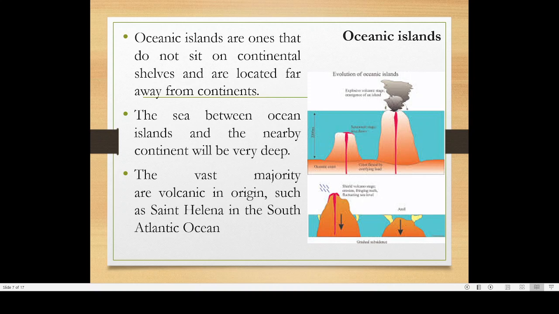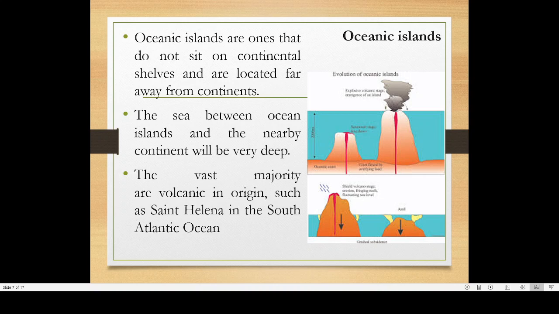And most of the oceanic islands are volcanic in origin. When I was discussing plate tectonics and the origin of continents, I showed how plates are diverging from each other. When two plates are moving slightly away from each other, there will be a gap.